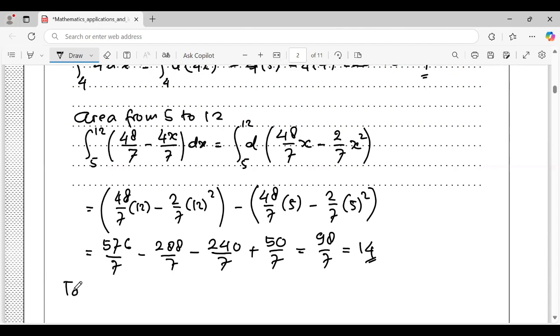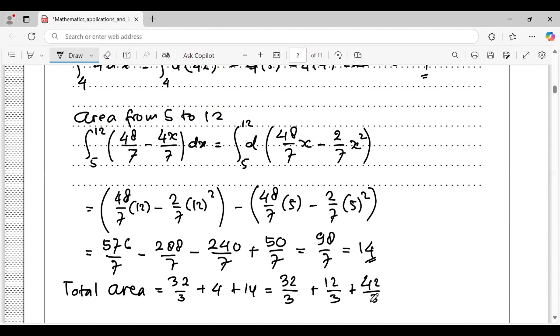The total area, we can calculate the total area. 32/3 plus 4 plus 14 is equal. We have to make the same denominator first. 3 times 4, 12/3, and 42/3.